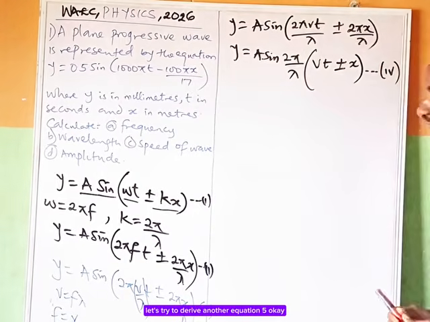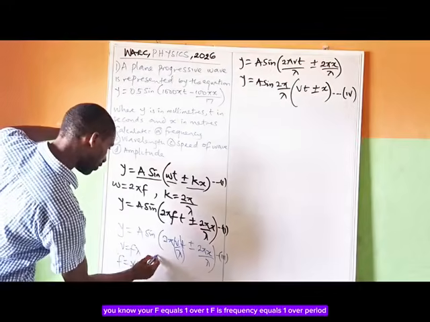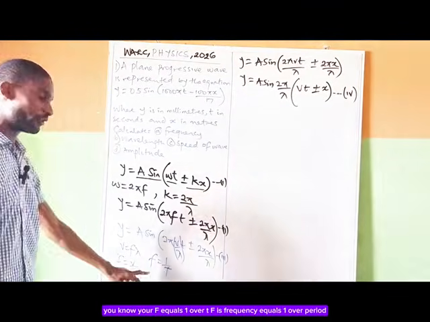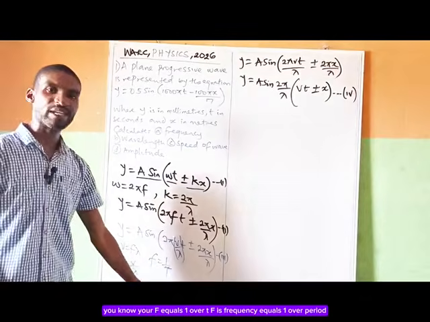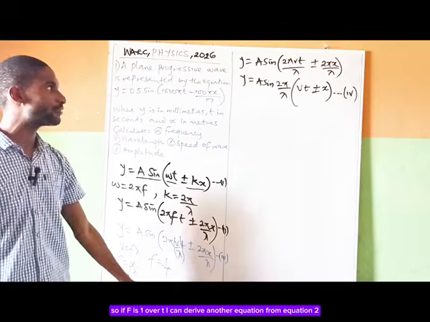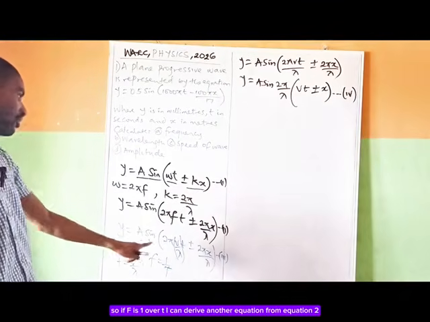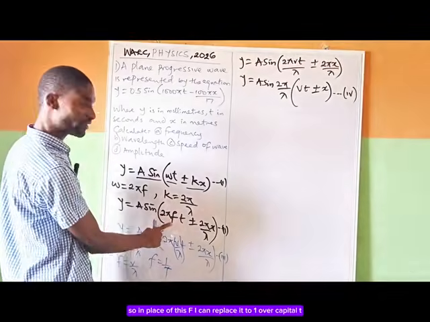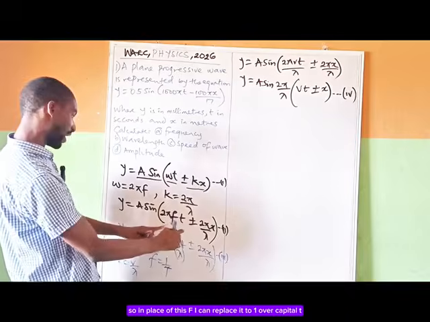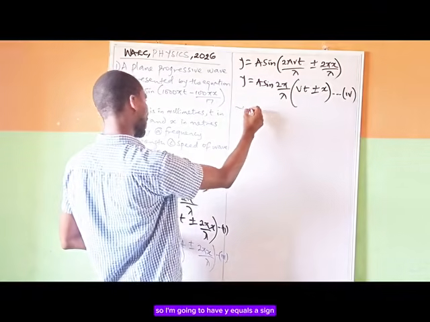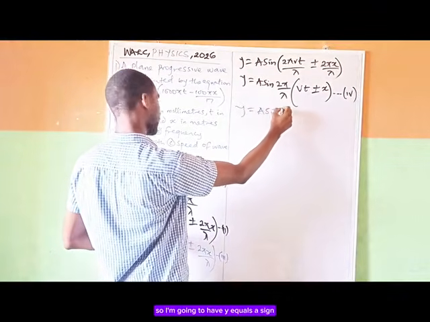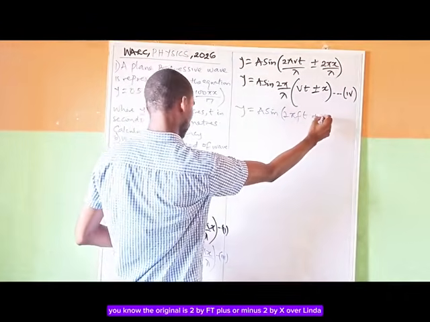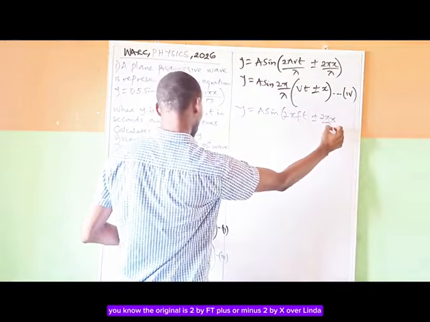Let's try to derive another equation, equation 5. You know your f equals 1 over T. F is frequency, equals 1 over period, that's 1 over T. So if f is 1 over T, I can derive another equation from equation 2. In place of this f, I can replace it with 1 over capital T. So I'm going to have y equals a sine, the original is 2 pi ft plus or minus 2 pi x over lambda.